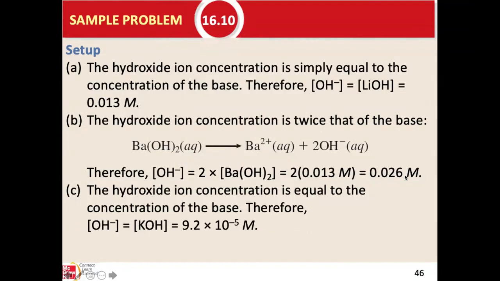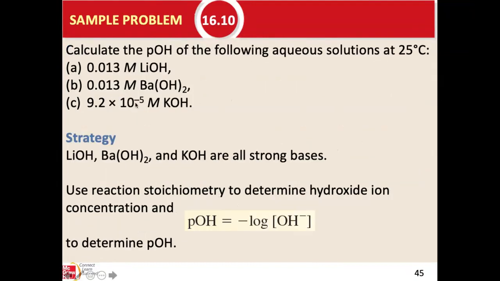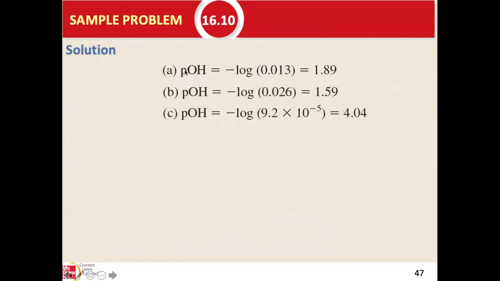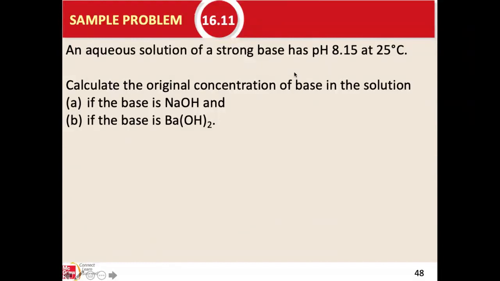And this is the potassium hydroxide concentration, which equals the concentration of the hydroxide ion. So once we know that, we can find the pOH. pOH is the negative logarithm of the concentration of the hydroxide ion. Once we find pOH, we can find the pH also.